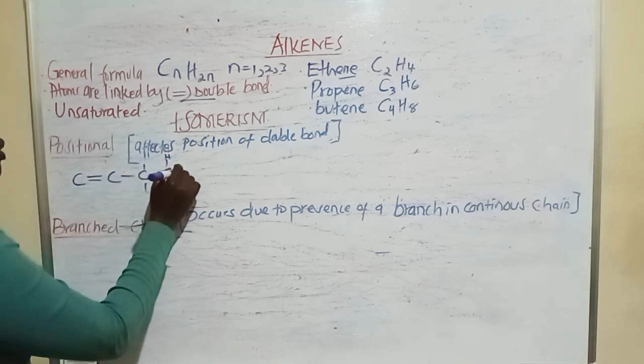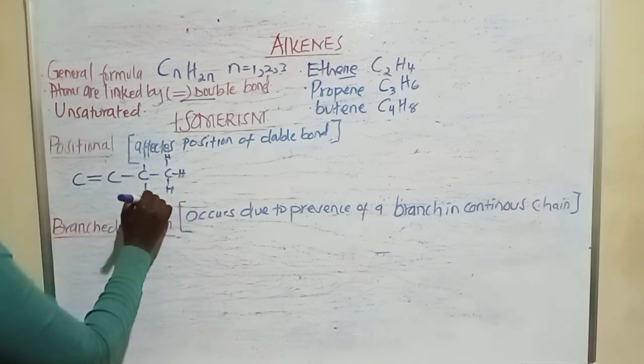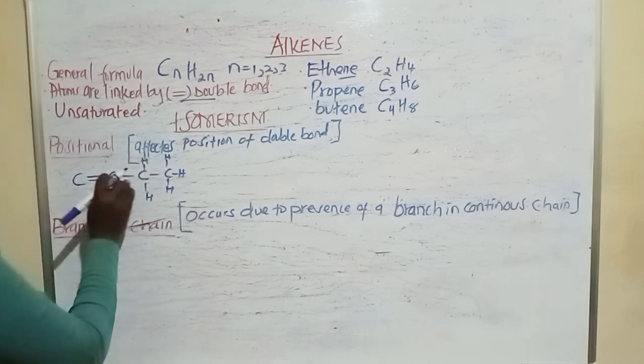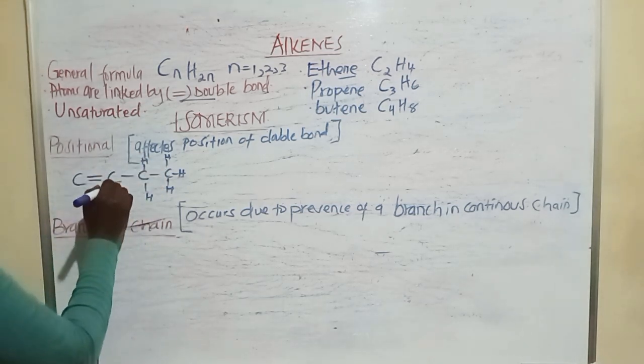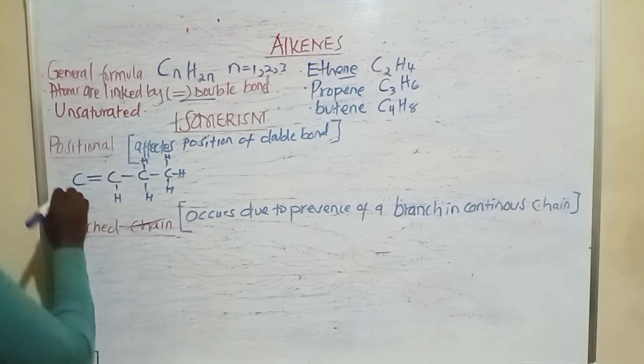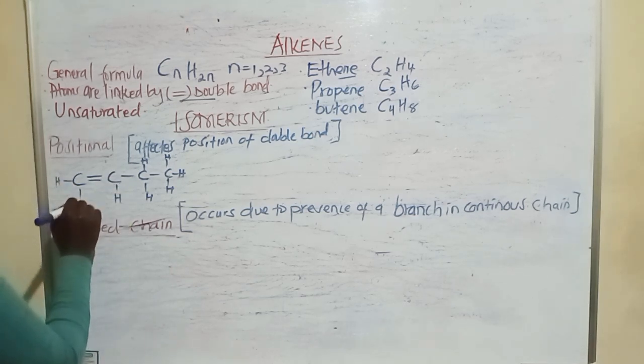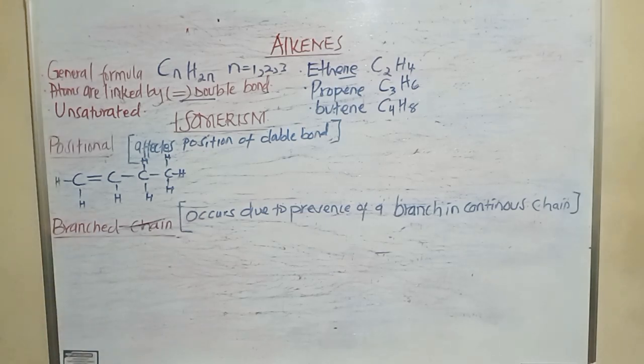Here you have one hydrogen, there another. Here the carbon is bonded to 3 other atoms, so we have hydrogen like that, and also here we are going to have 2 hydrogen atoms only.